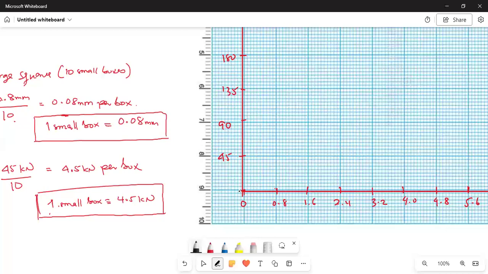The first point is load 0, extension 0. So it's here. The second point, load is 20, extension is 0.05. Anytime you take a load value, you divide by this. If you take extension, you divide by this.